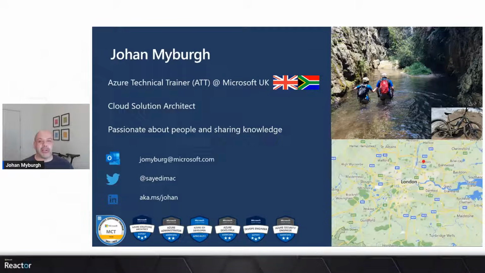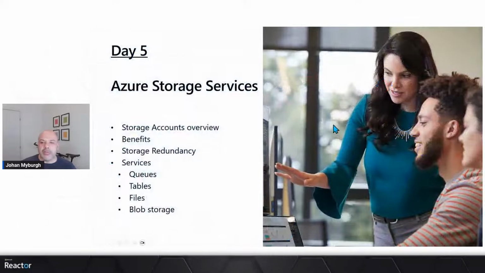It's not my first rodeo at Microsoft. In a previous role, I was a cloud solution architect. I lived just outside of London, right next to Epping Forest, where I tried as much as possible to get my mountain bike as dirty as I can.